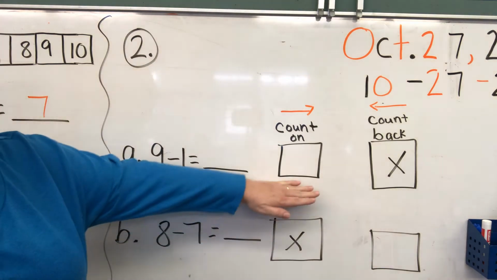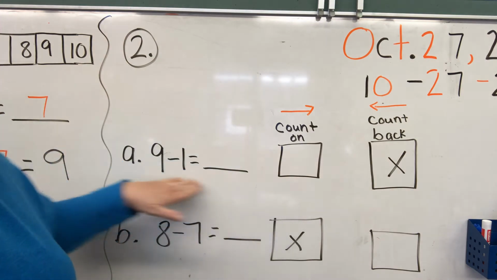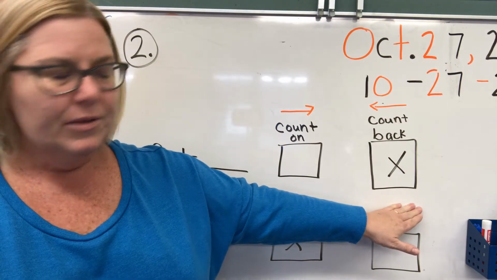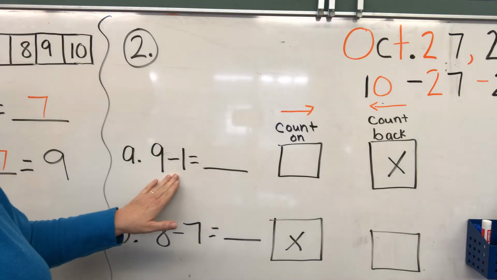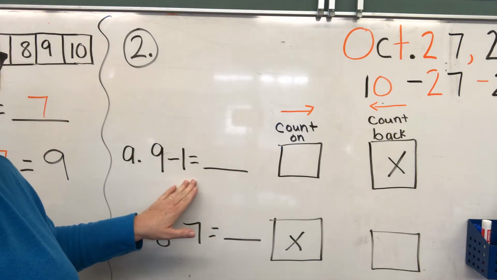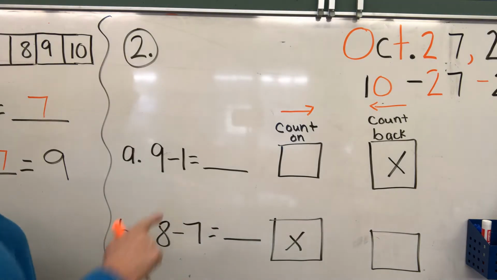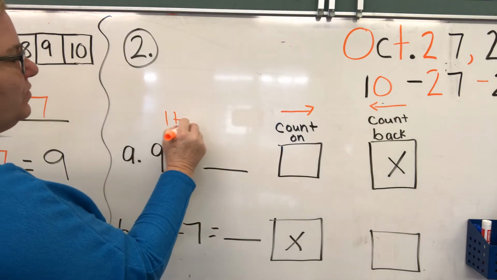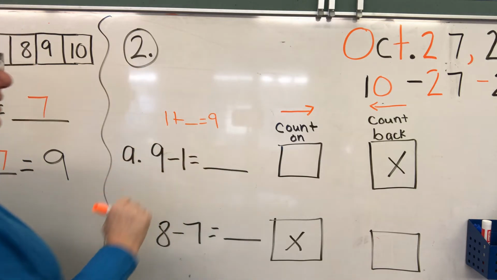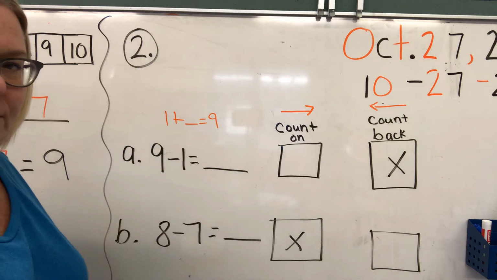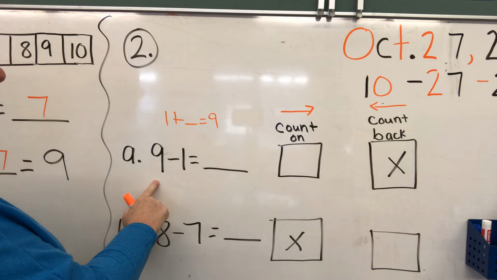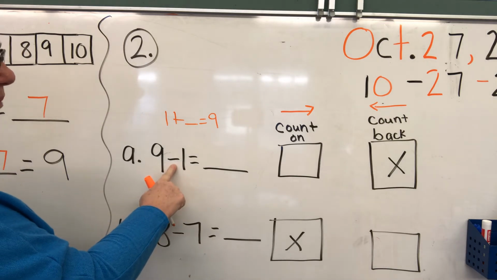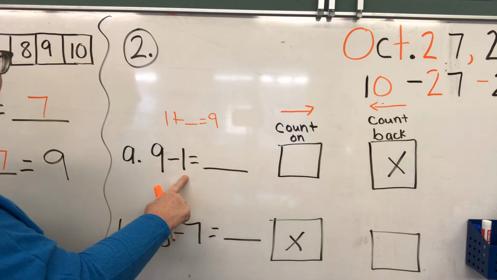Now, if we're doing 9 minus 1, it'll be easier to count back because it's easier to go backwards 1 time. Otherwise, I'd have to think, 1 plus what equals 9? And that's a lot of counting on to do. So if I'm counting back, I'm going to start at 9, and I'm going to go backwards 1 bunny hop.